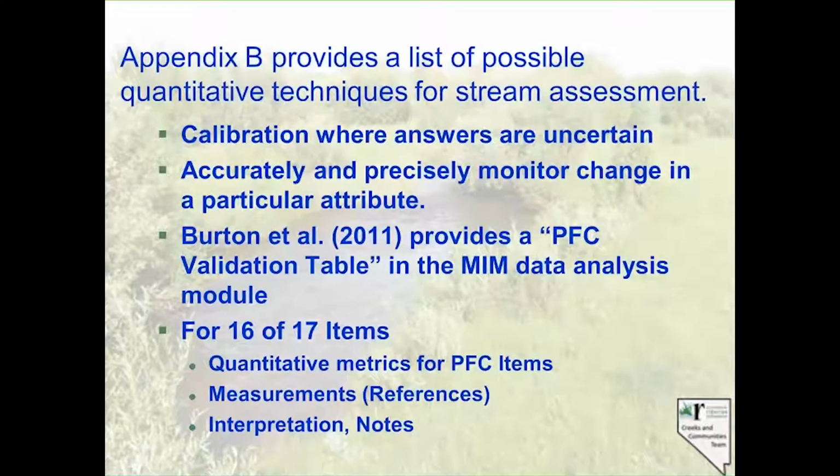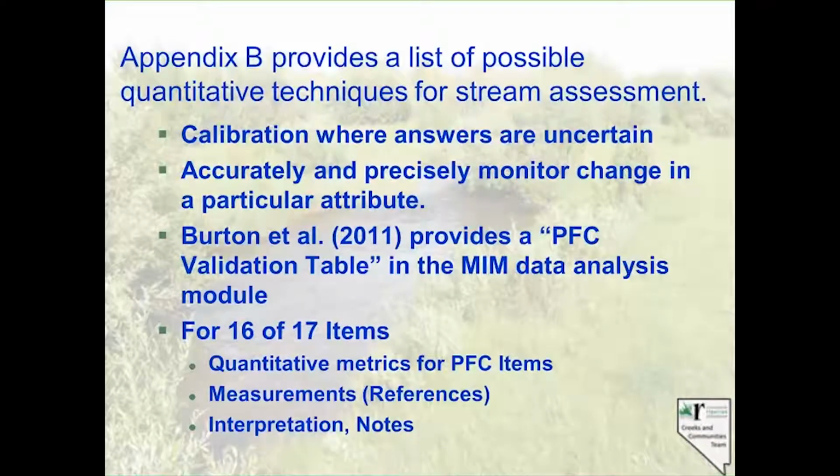LODIC Riparian monitoring protocol called Multiple Indicator Monitoring, MIM, and there's a validation table in that MIM protocol that leads to very helpful data for making PFC calls. For 16 of the 17 items, there's a quantitative metric for various PFC items. There's also measurements and references and interpretation notes. The one that they don't have quantitative methods for is vigor.